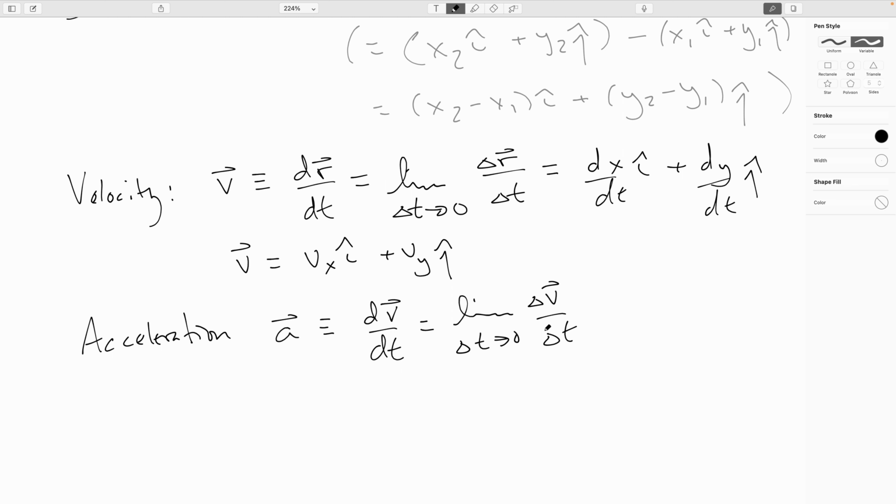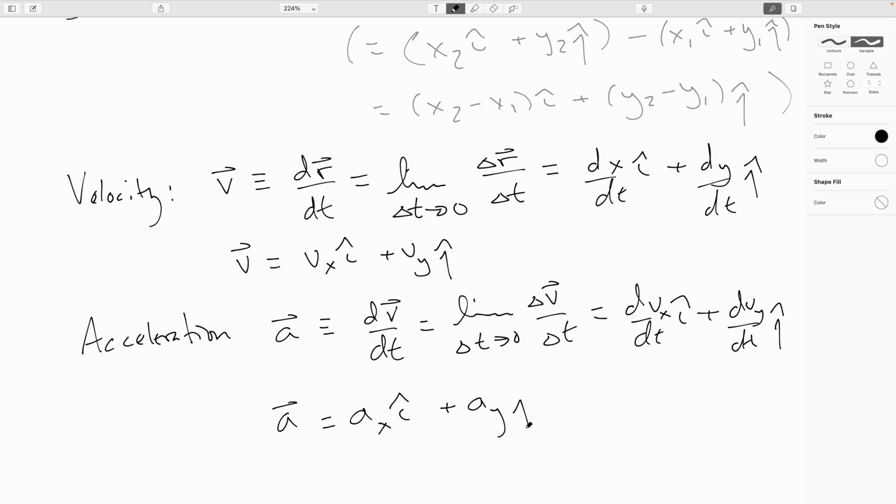We're only going to be subtracting y components off of each other, and we're only going to be subtracting x components off of each other. There's going to be no mixing. So this is the same as saying dvx dt i hat plus dvy dt j hat. So we can write that as the x component of the acceleration times i hat plus the y component of acceleration times j hat.